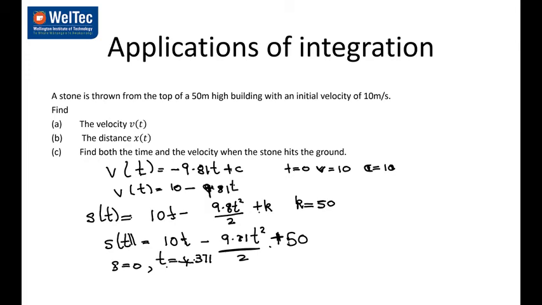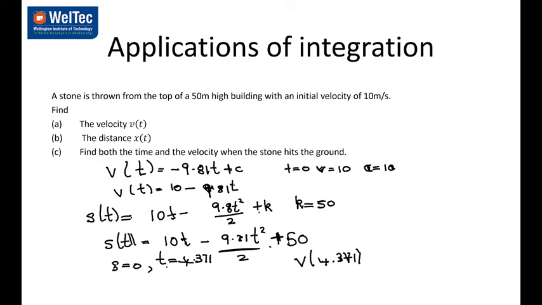Now, we're also asked to find the velocity when it hits the ground. So we have to put 4.371 back into the velocity function, which is 10 minus 9.81 t.